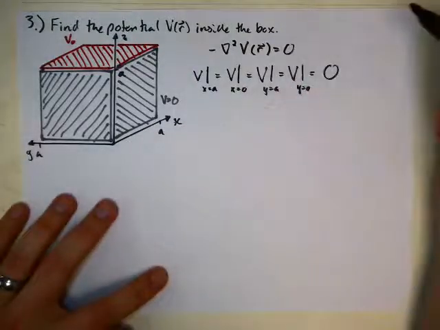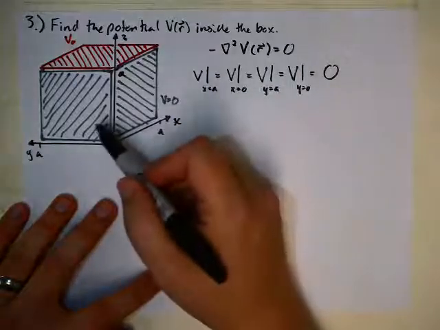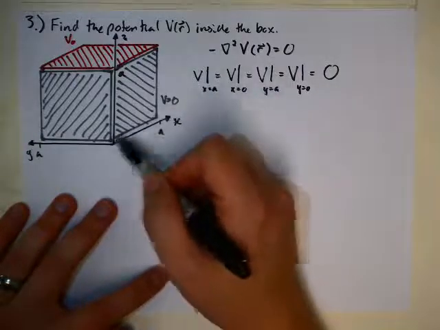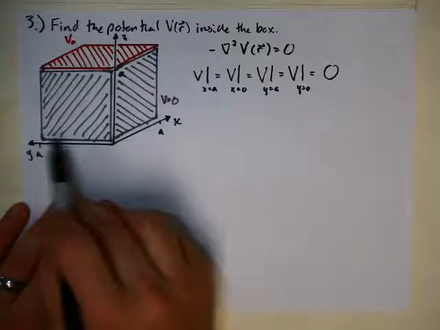These are the uninteresting ones. It says I'm 0 on my 2 limits in the x direction, I'm 0 on my 2 limits in the y direction.